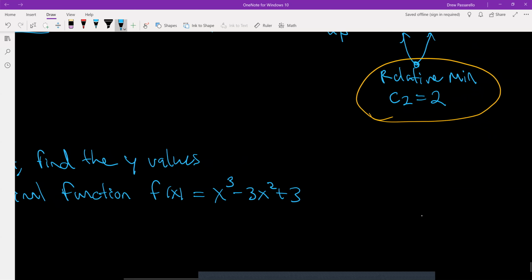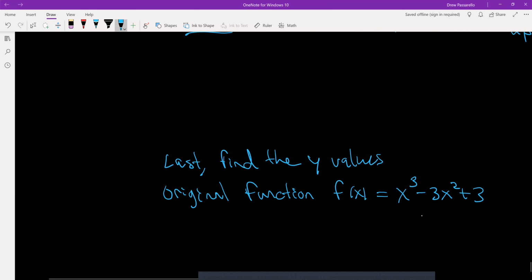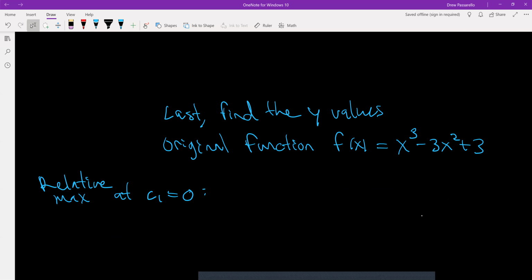All right, so for the relative max, we said was at 0. I plug 0 into the original function. So it'll be 0 cubed minus 3 times 0 squared plus 3. Of course, those first two terms are 0, so you're left with 3.